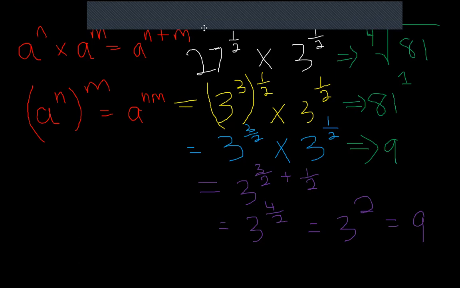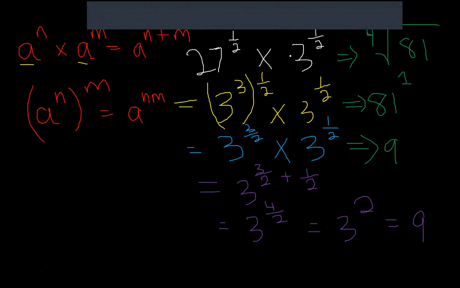When I was going through the laws, I don't think you were here when I was saying that. But you see, these laws, they MUST, all caps, underline, italics, must, in red, must have the same base if you're going to apply this rule.